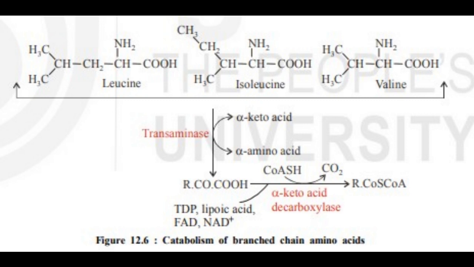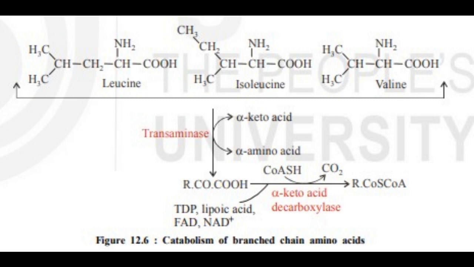However, in MSUD, this keto acid decarboxylase complex is defective. Hence branched-chain alpha-keto acids accumulate in blood and are excreted in urine. The keto acid of leucine, called alpha-ketoisocaproic acid, is found in highest amounts. Thus MSUD is also known as branched-chain ketonuria.